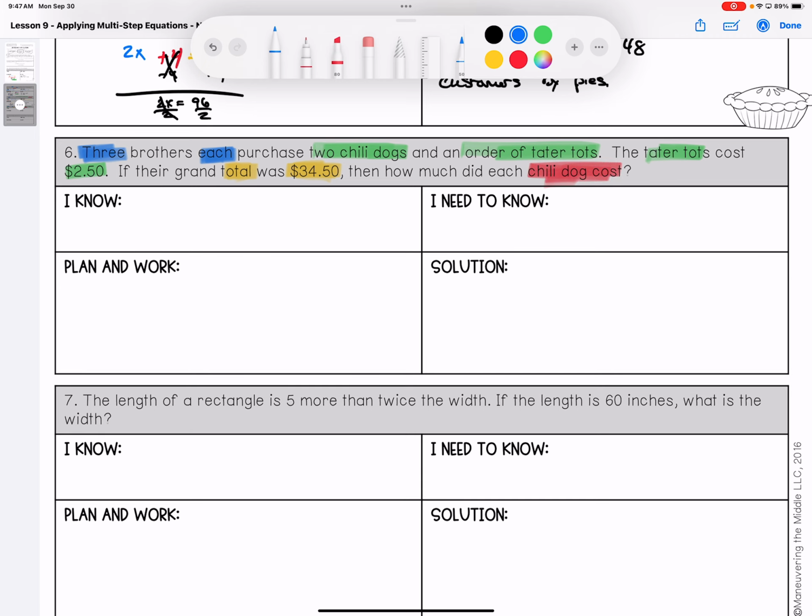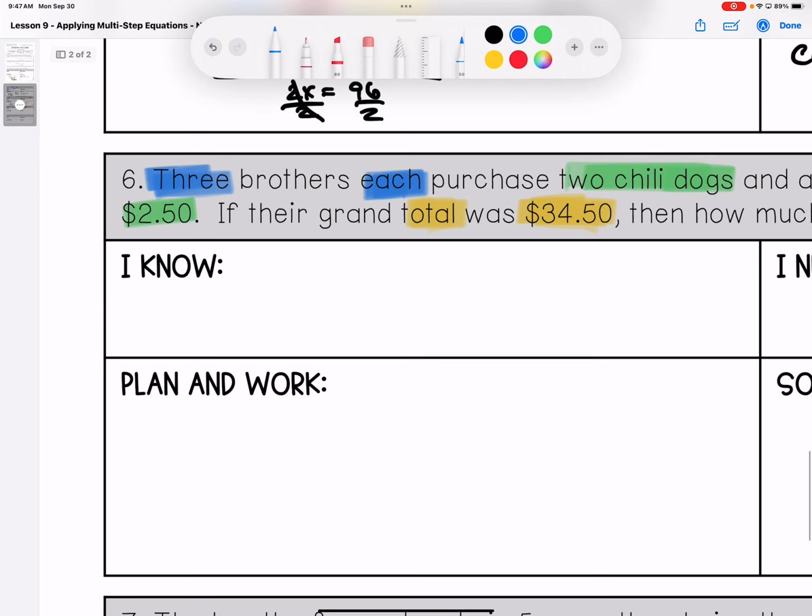All right. So we know 3 brothers. We know they bought 2 chili dogs, and the tater tots.